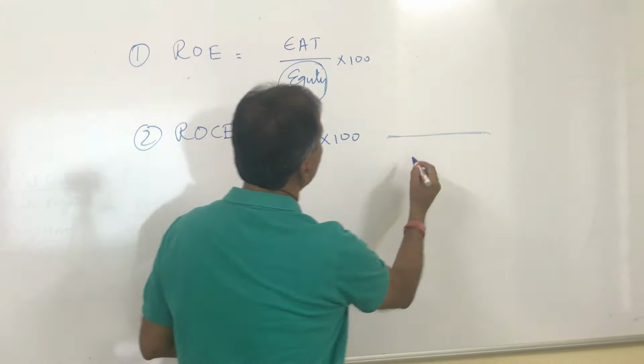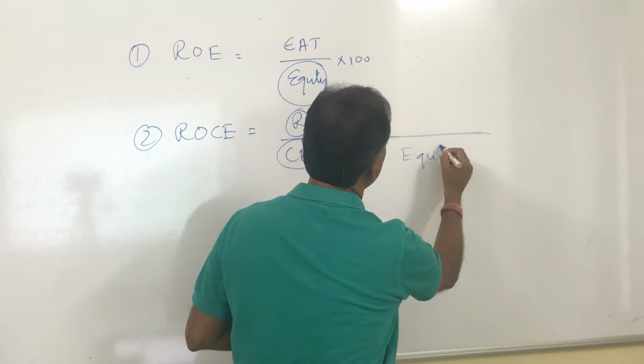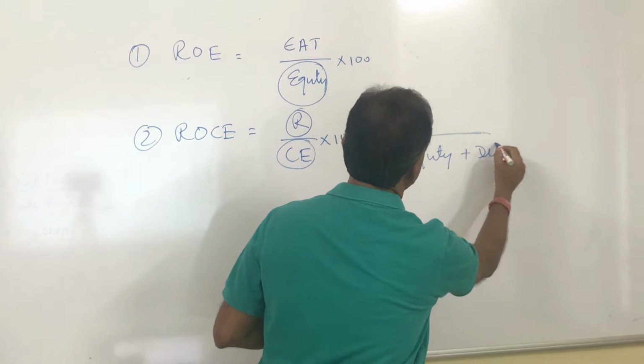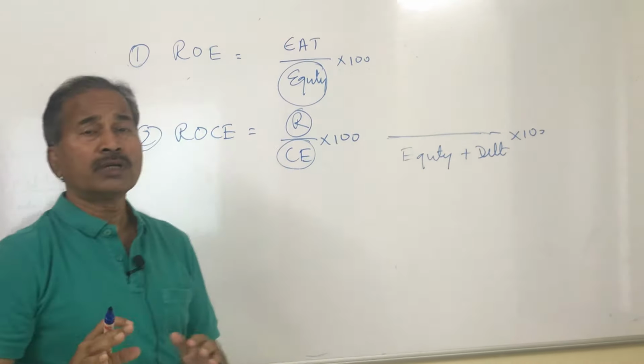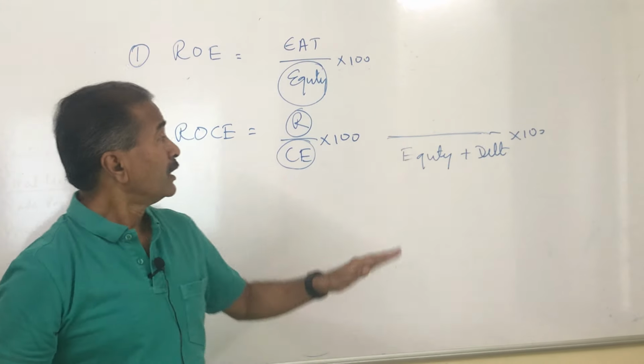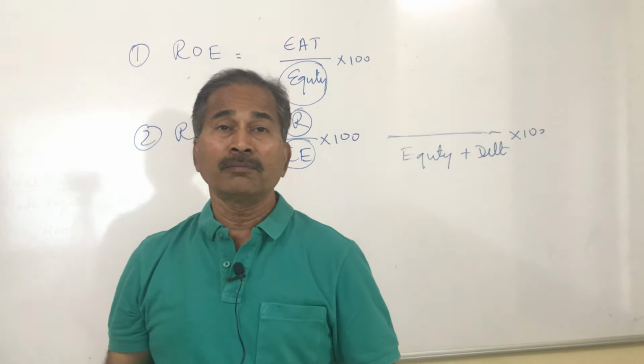My capital employed is what? My capital employed is the total of equity plus debt, into 100. Now I am sure you would understand very clearly. I am calculating return on capital employed. What does return on capital employed tell?